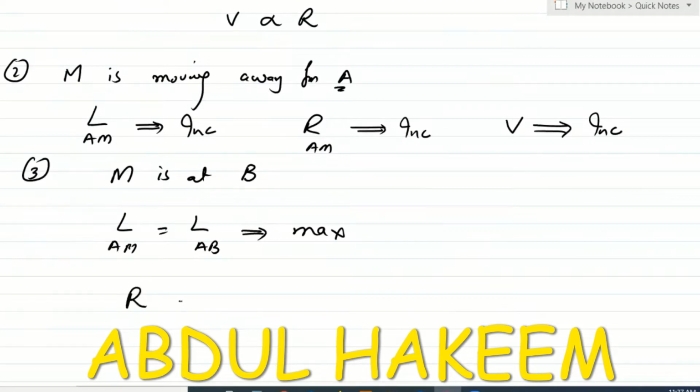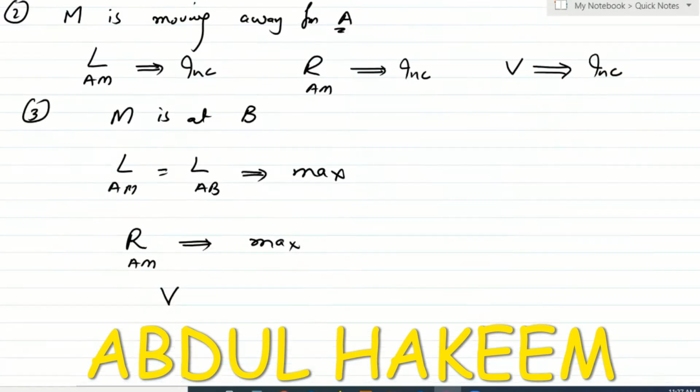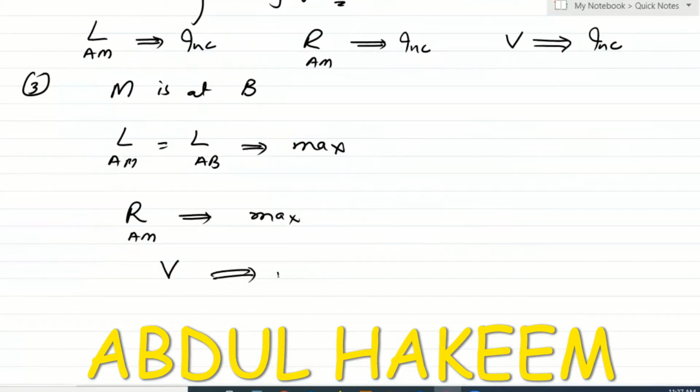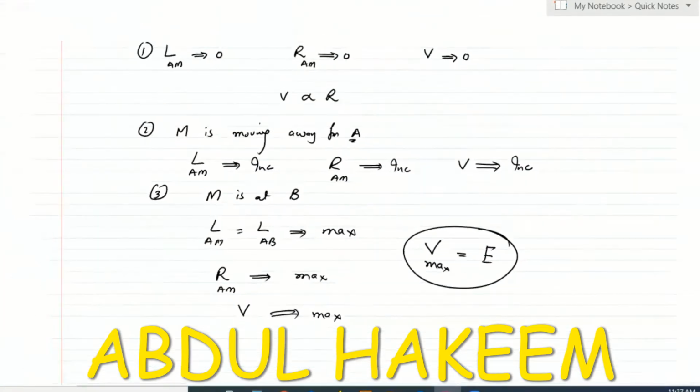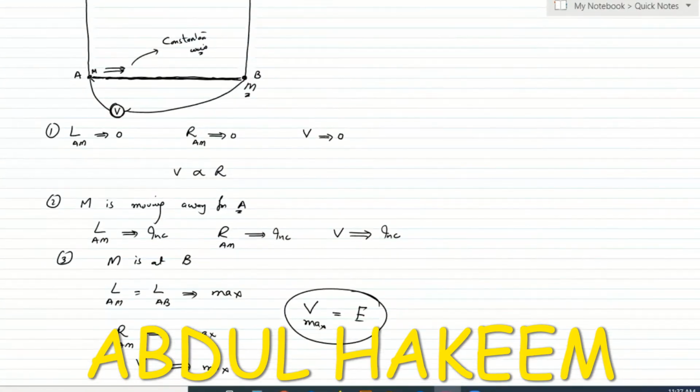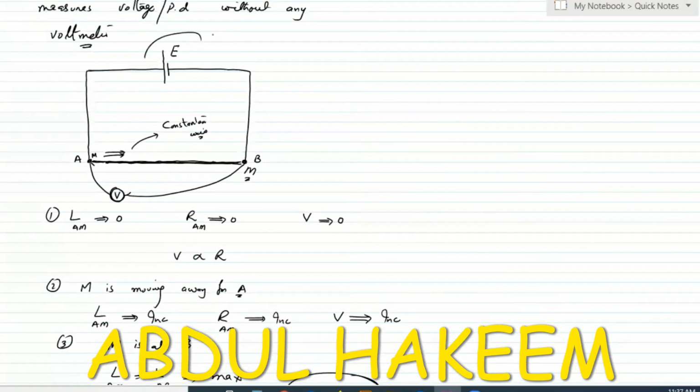So the resistance of the AM length will be maximum, and the voltmeter will read the maximum value, and that maximum value, V maximum, is exactly equal to the EMF of the cell, because the maximum potential provided to the circuit is equal to EMF.